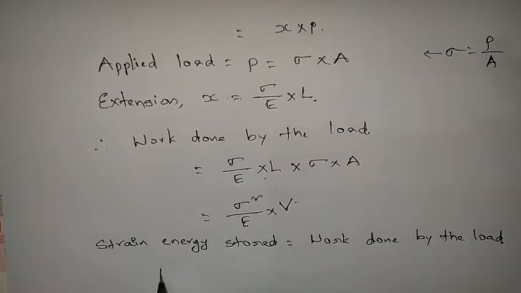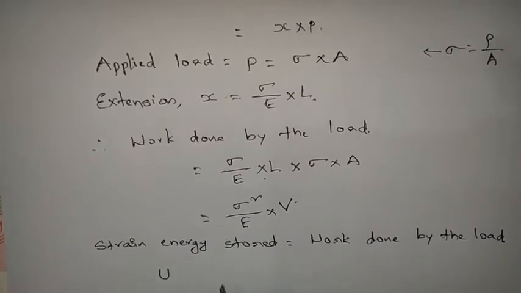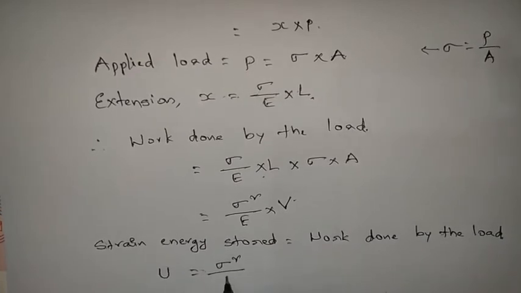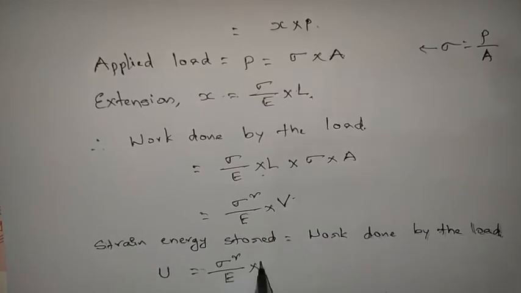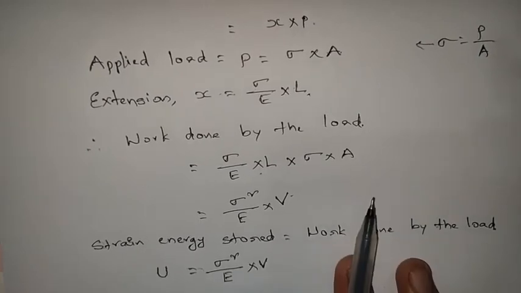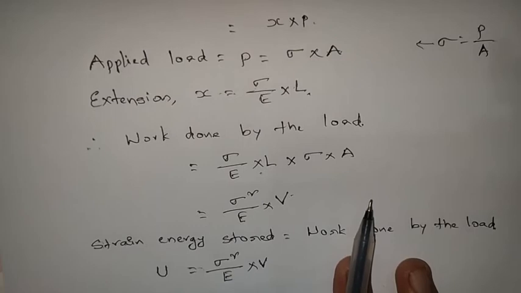Strain energy stored in the body is represented by U, and it is equal to sigma square by E into V. So this is the strain energy stored when the load applied is sudden.